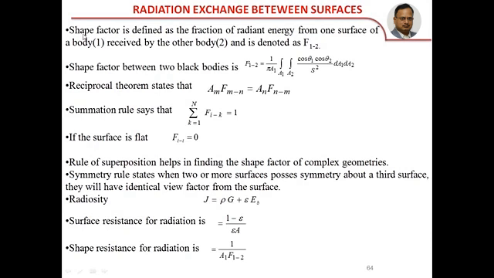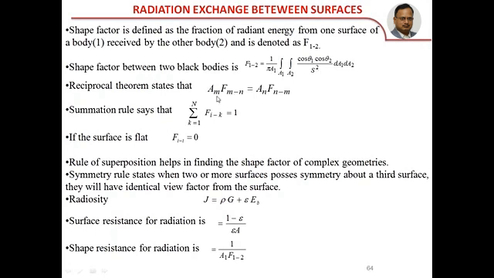Shape factor, configuration factor, view factor, angle factor, you can call it by any name. Shape factor between two black bodies can be determined by using the formula 1 by pi A1 double integral over areas A1, A2 of cos theta 1 cos theta 2 by S square dA1 dA2, where S is the distance between the bodies A1 and A2.